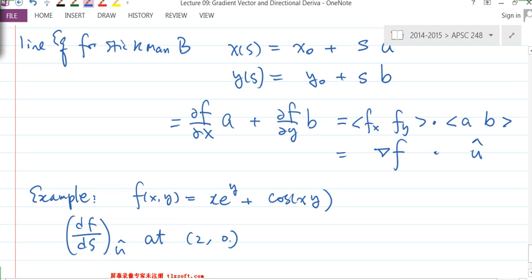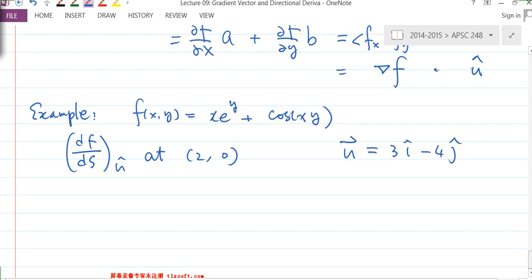The u hat, the direction of walking, we don't know what it is, but I'll give you a u vector. So it didn't tell you the u hat, but tells you the direction is in the direction of the u vector. But just one small trick here.